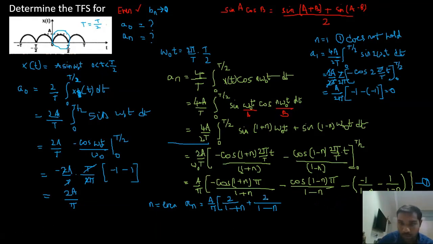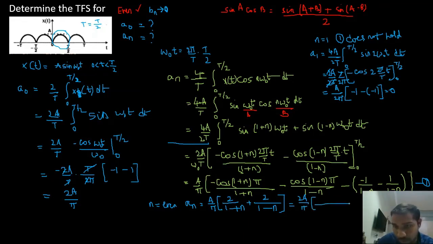Simplify it further, I'll take 2 common. 2a by pi, and I'm left with 1 by 1 plus n plus 1 by 1 minus n.